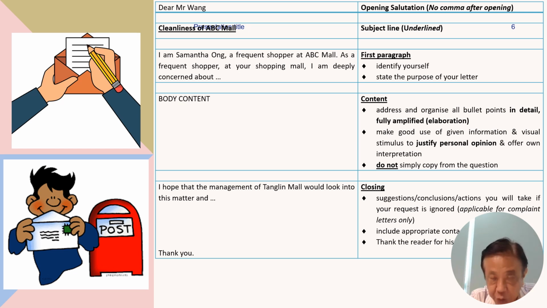In the introduction, usually you have to identify yourself and then state the background as well as the purpose of your writing that letter to this organization. There's always the body, which are the details or what's known as the content, and then followed by that will be a closing. Right, that's basically the format of writing the formal letter to the external organization.